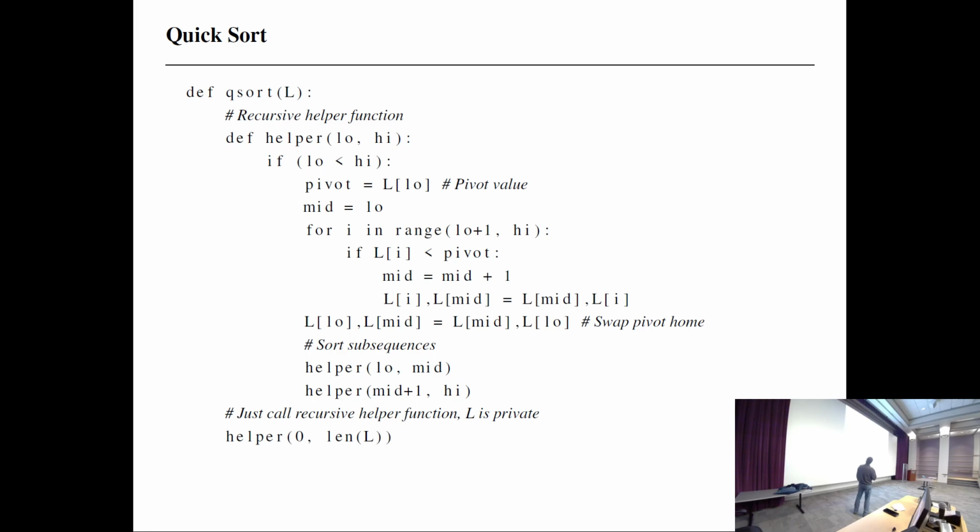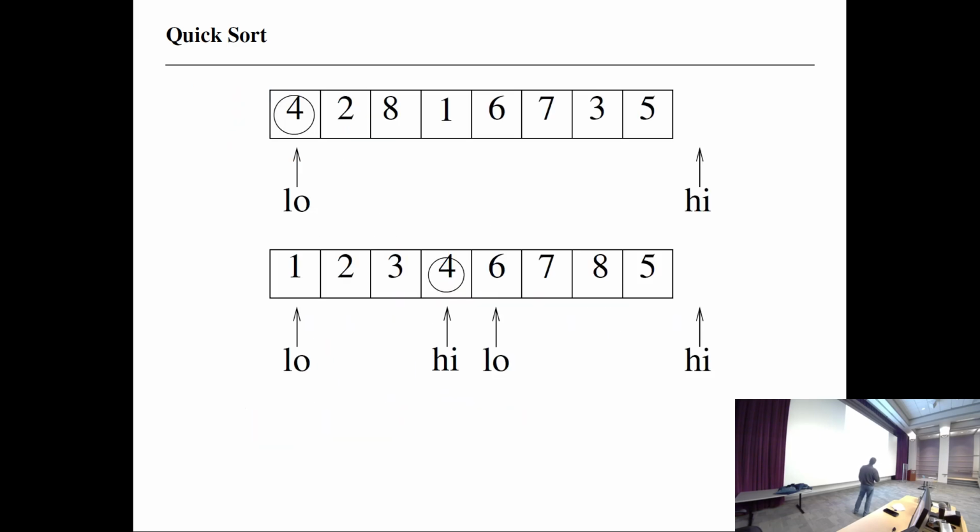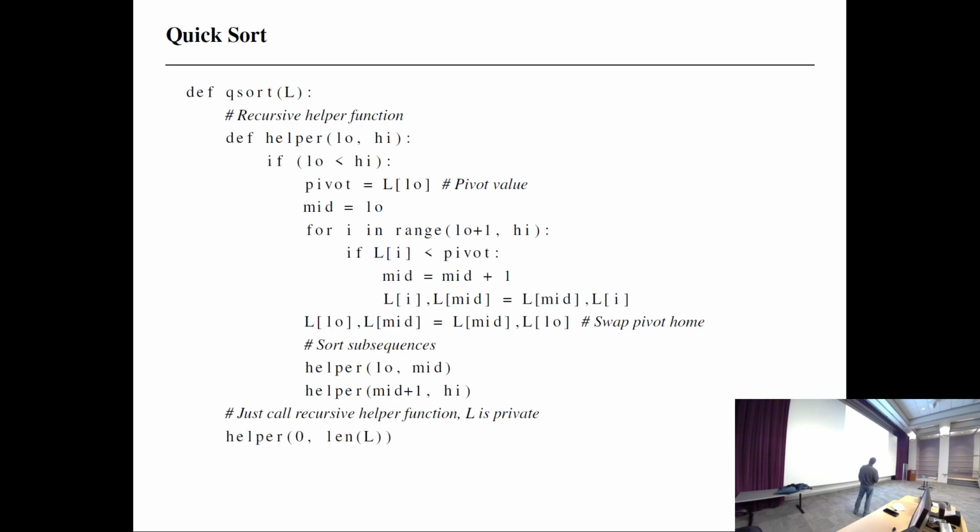So when I call qsort on L, I invoke the helper function with the minimum index and 1 past the maximum index. So these are just a range of L values. And the helper function takes a low and high pointer. So low and high, just like this.